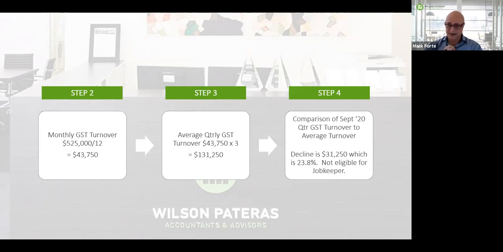We multiply that by 3 to give us our average quarterly GST turnover, which is 131,250. And then we compare that to the $100,000 GST turnover for the September 2020 quarter. The decline has been 31,250, which represents 23.8%. So in this case, they are not eligible for JobKeeper.